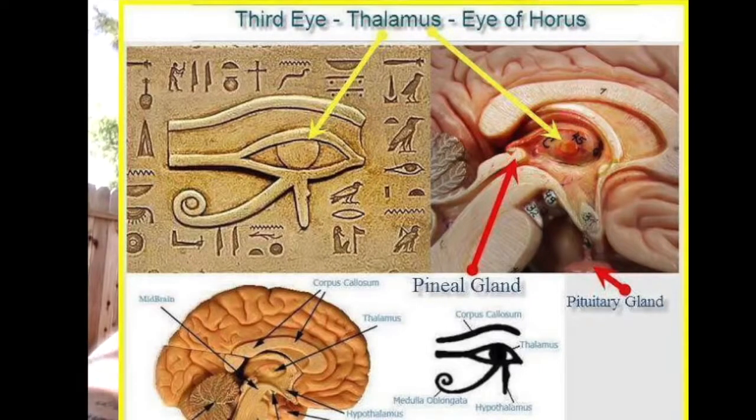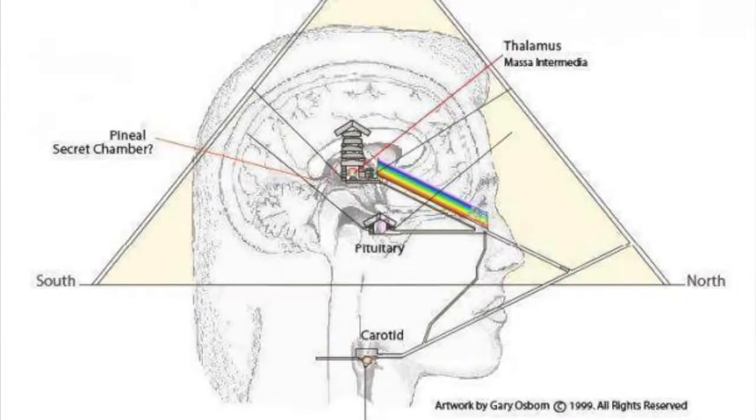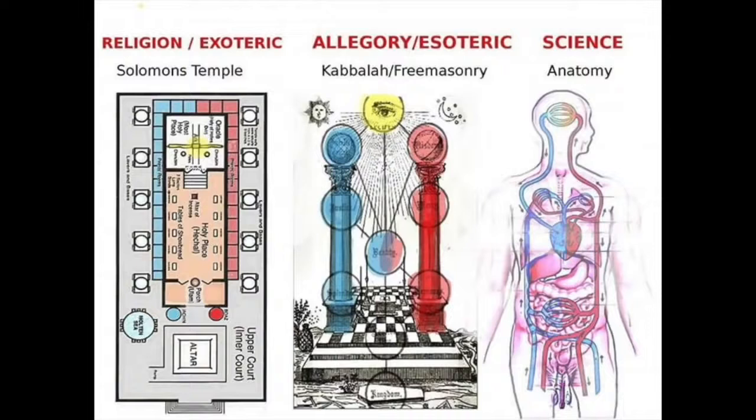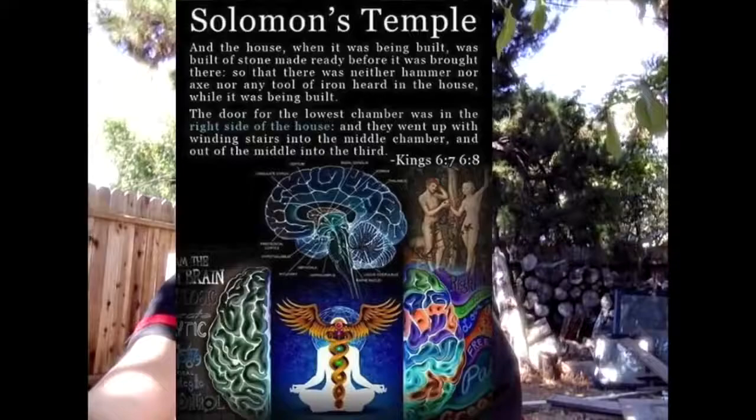And this vaulted chamber, the fornix, if we place the image of the Great Pyramid directly over the human skull and line it up geometrically, this third eye, this third ventricle, this fornix chamber directly corresponds to what's called the King's and Queen's chamber within the Great Pyramid of Giza, Egypt. And so it's also what corresponds in biblical theology to Solomon's temple, the Holy of Holies.